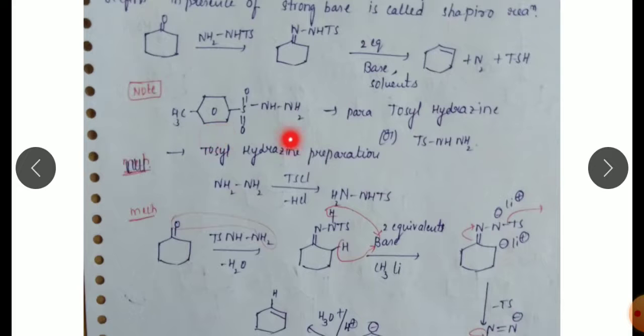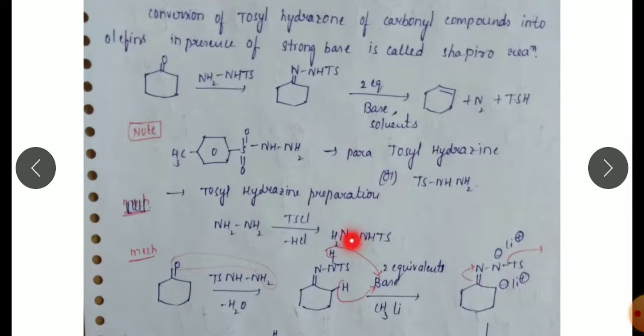That's why it is called para-tosyl hydrazine. This is the preparation of tosyl hydrazine, reacting with tosyl chloride. HCl is eliminated to form para-tosyl hydrazine.